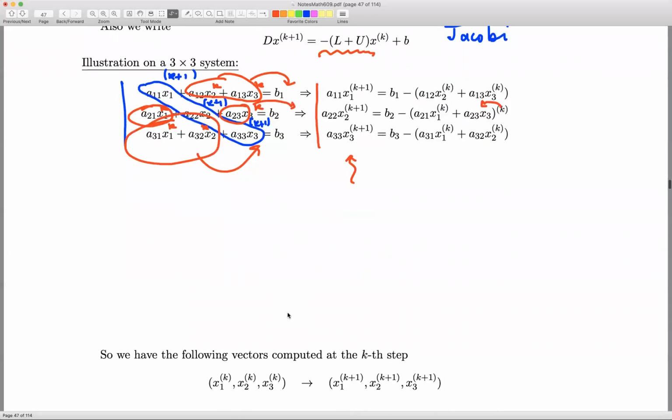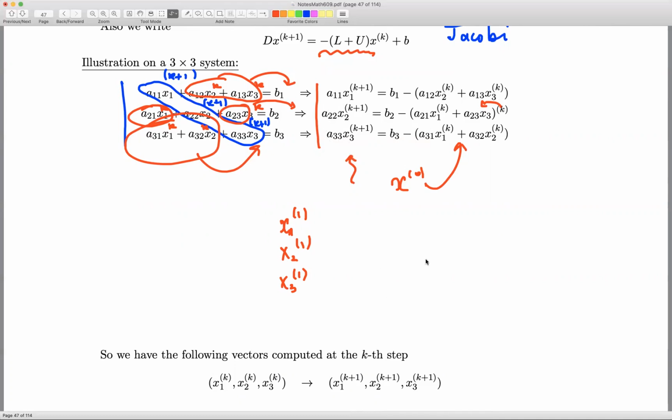Now, if we want to see what is happening, if you start, for example, with the vector x0 and we would like to compute the vector x1, the vector x1 has components x1^(1), x2^(1), and x3^(1). Using the components of x0 to compute the right-hand side, from this system we directly express the first, second, and third components of x1 just by dividing by a11, a22, and a33 respectively.